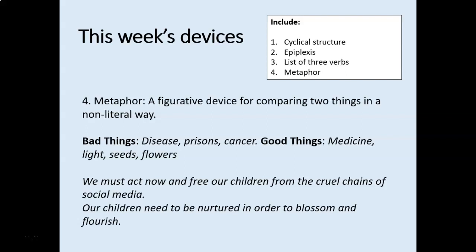So you can see that the word free and the phrase cruel chains contribute to this metaphor of imprisonment. Secondly, our children need to be nurtured in order to blossom and flourish. You've got words like nurture, blossom, and flourish, which all connect to this metaphor of growth, linked to flowers and trees and the growth of children, metaphorically.